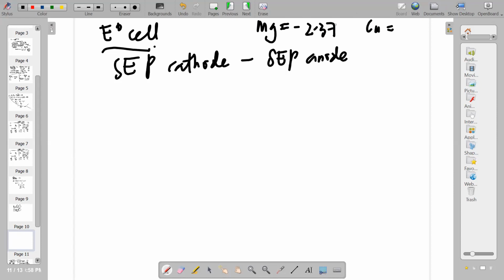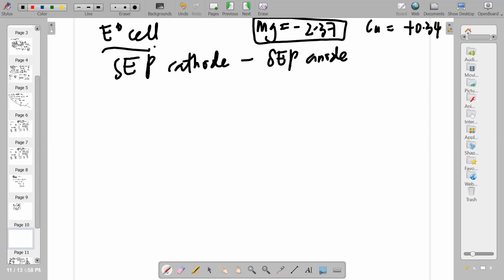And I believe copper is plus 0.34. Now which one will be my cathode, copper or magnesium? Teacher already taught the concept just now. Which will be the anode and which will be the cathode? Copper is what, Chia? Cathode. Why? It is more positive. Very good. The SEP is more positive.